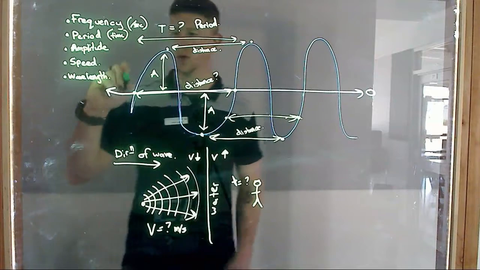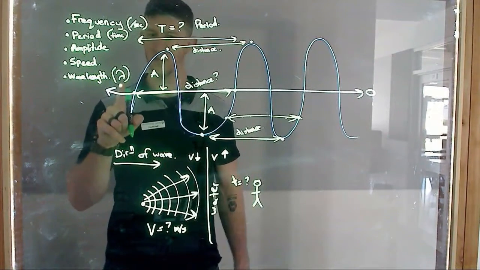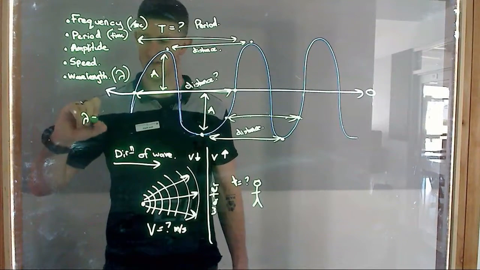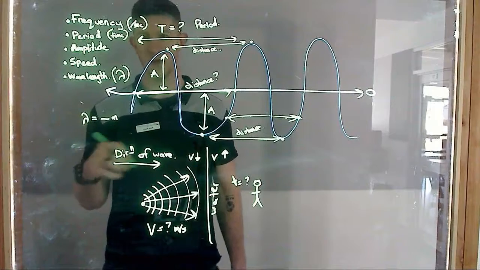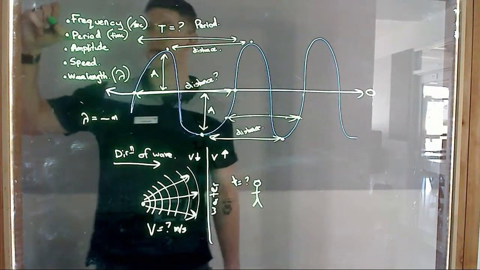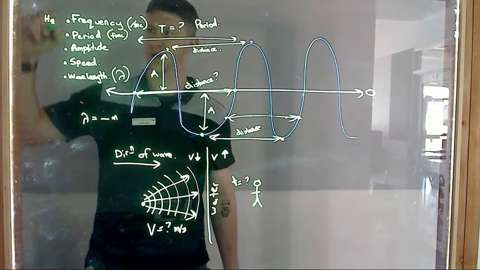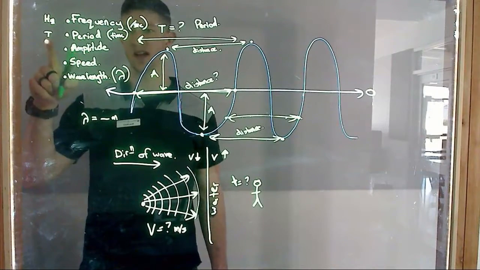Wavelength, we use the symbol lambda. So this is the Greek letter. This is the symbol for wavelength. So the wavelength would be equal to X amount of meters, for example, could be nanometers, etc. But we use that symbol. So frequency, we have the hertz. Period, we use a capital T to symbolize time.